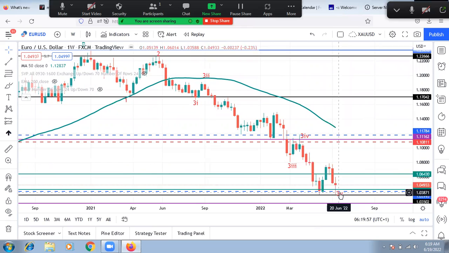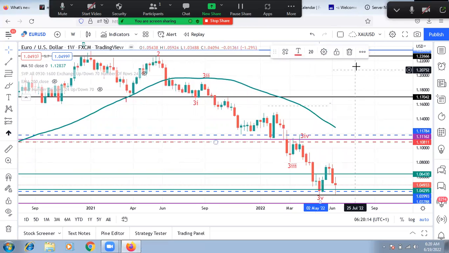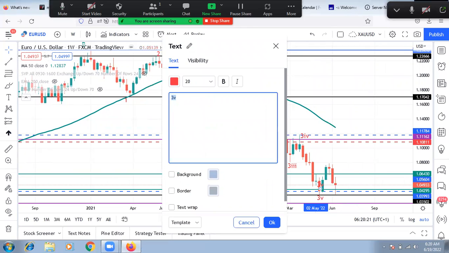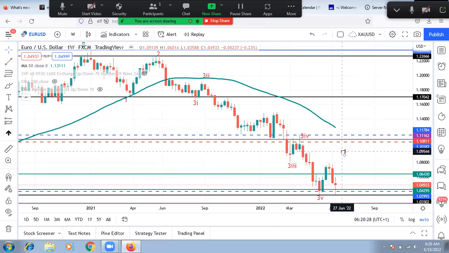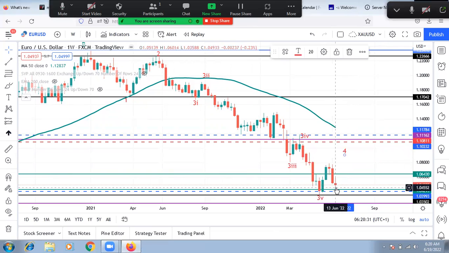Now, 3-5 eventually ended here. That's what I said. We had 1, 2, and beginning of 3, and all 3 is done. So what we want to do is we want to finish with wave 4, which is now very clear to us. We want to finish with 4 major. We have done A, we have done B, and what is left is to finish.